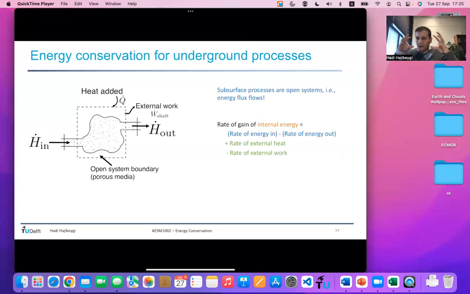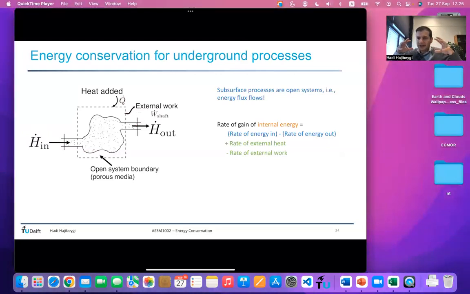So what is dQ? What is the heat added in my system? First process is incoming and outgoing flux of heat. Warm water comes, cold water comes, etc. So rate of energy in minus rate of energy out is the total energy incoming to the system. If whatever comes is equal to whatever goes, the net is zero.